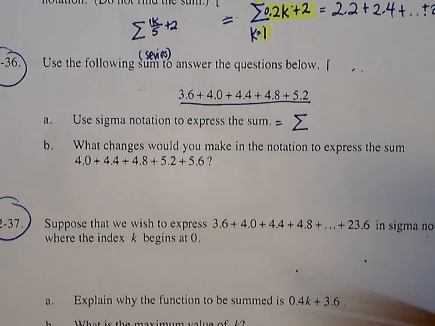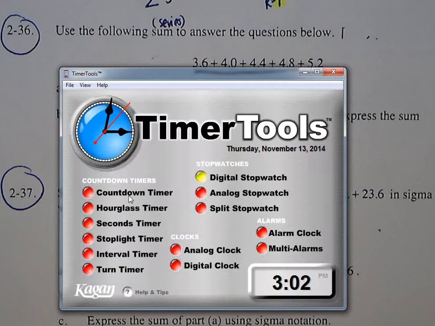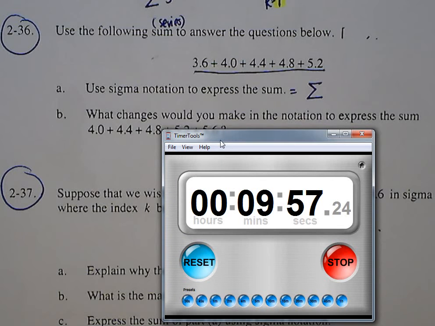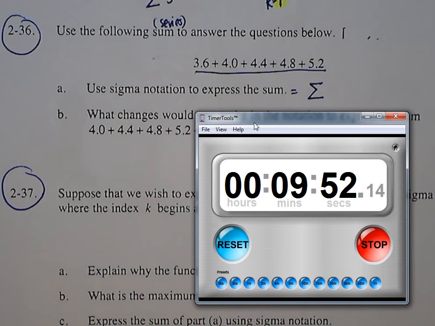In your groups. Then work together. Ask your group.